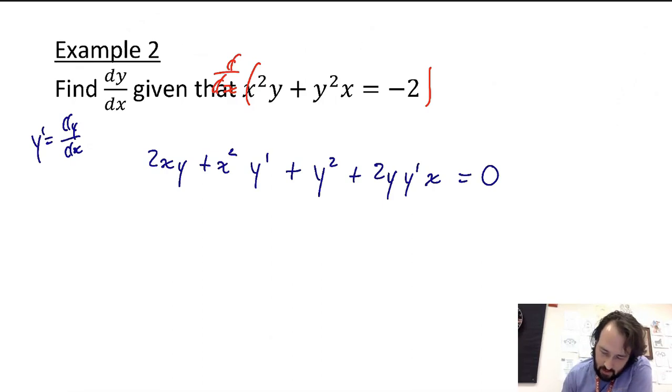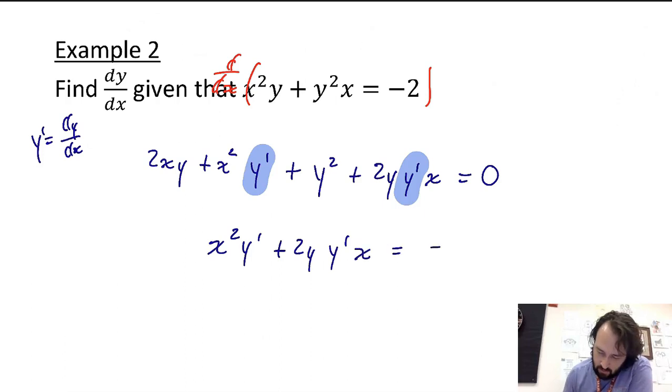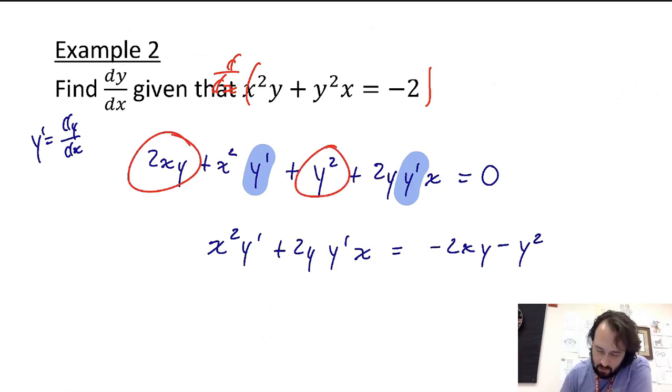Okay, so now looking at this, I have a y prime there and a y prime there, and the other parts can go to the other side. So I'm going to leave x squared y prime plus 2y y prime x equals negative 2xy minus y squared. So I move that term over, and the other terms are staying there.